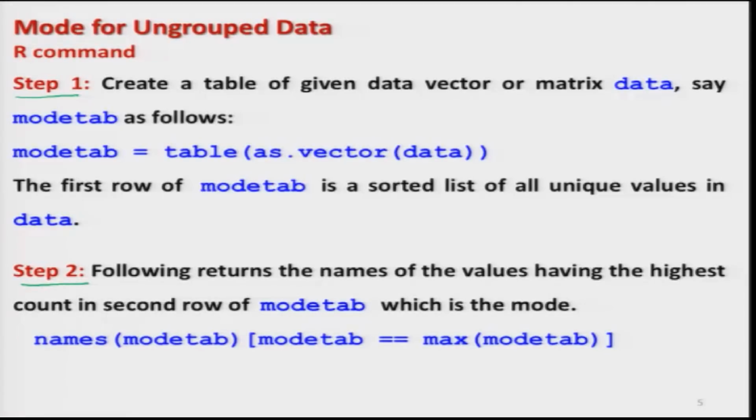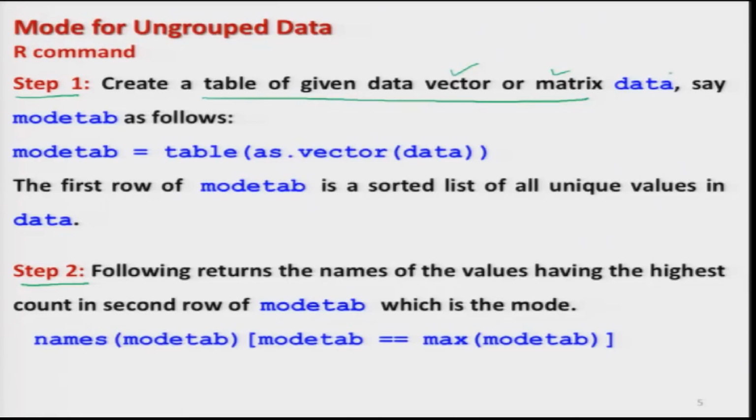Whatever your data is, create a table of that data vector, or it can be a matrix also. How will that be useful? I will show you. Whatever your data is, either in the form of a vector or a matrix, convert it into a table.